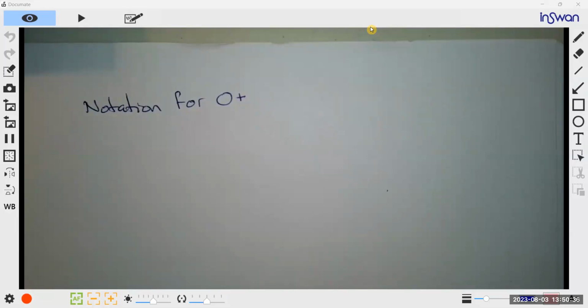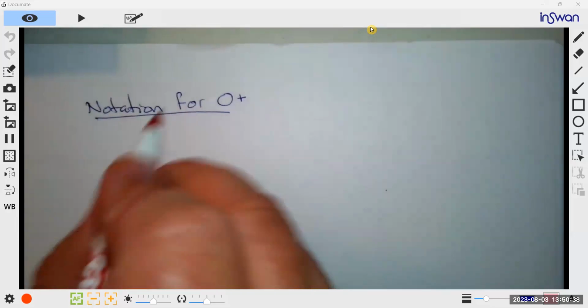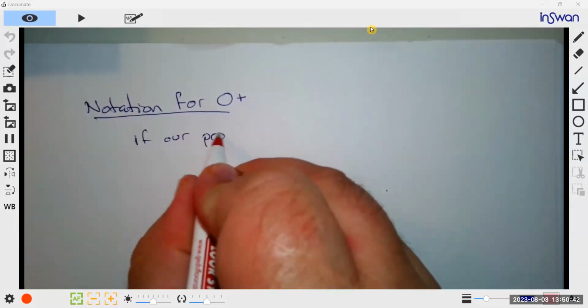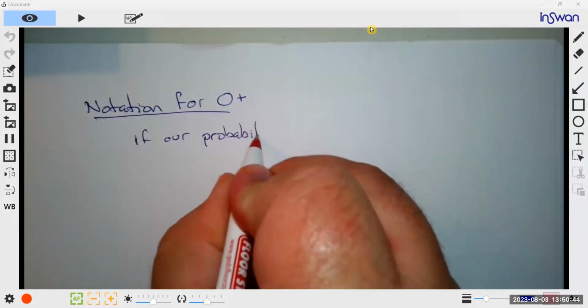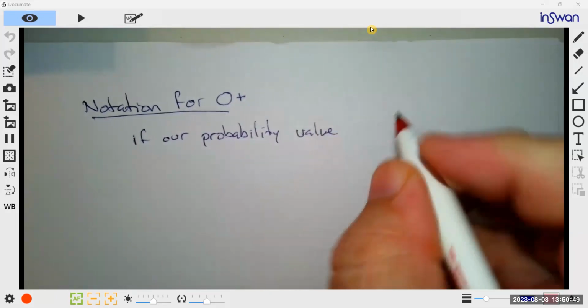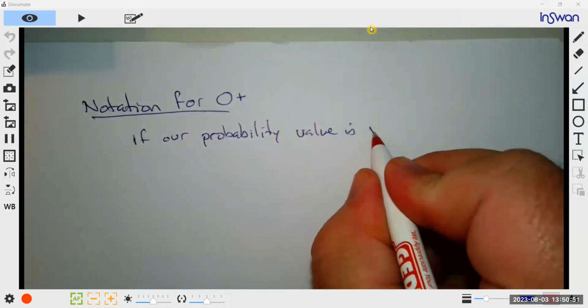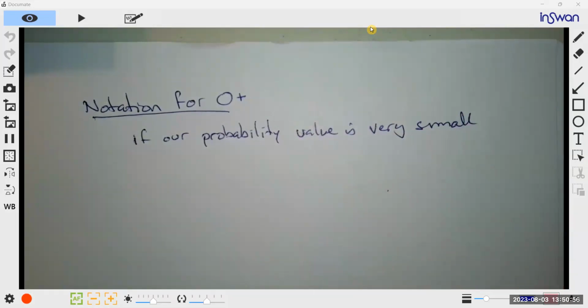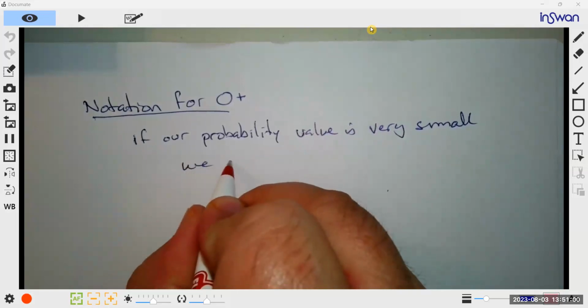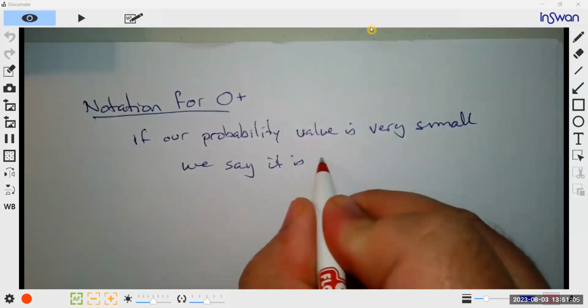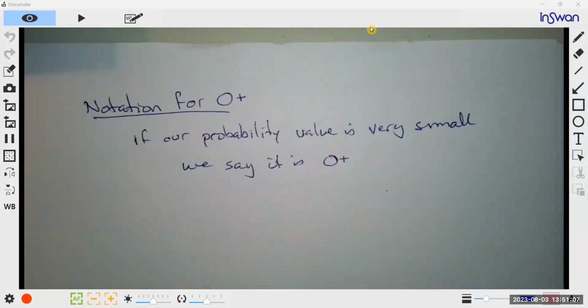In other words, if our probability value is very small, but still greater than 0, we say it is 0 plus.